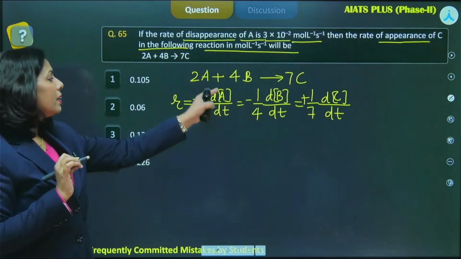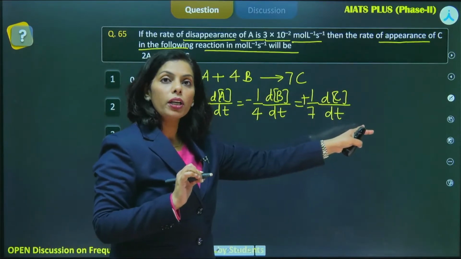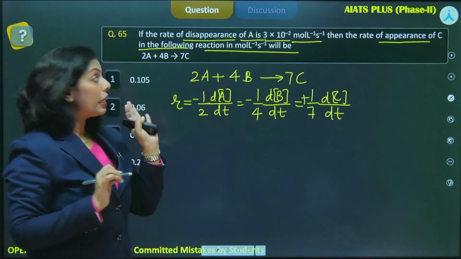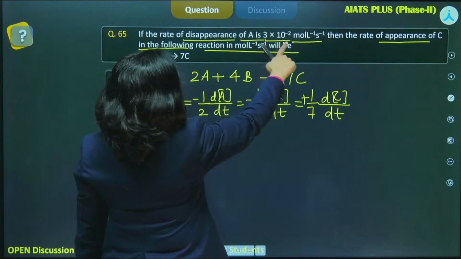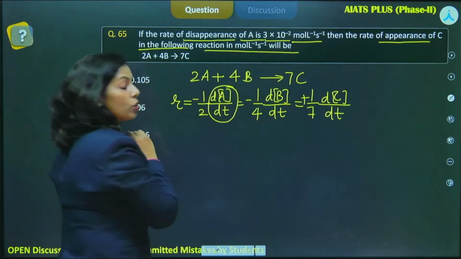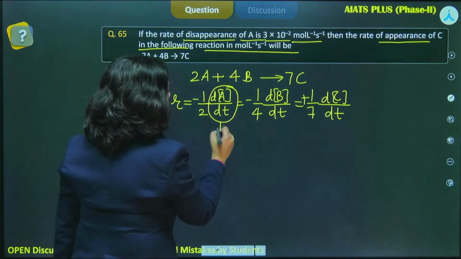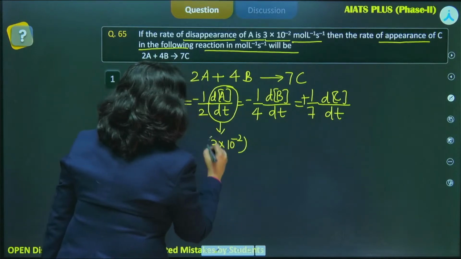How to relate the disappearance of the reactant or the appearance of the product with respect to rate of reaction. Now the question is, rate of disappearance of A is 3 into 10 raised to the power minus 2. So this value, this is the rate of disappearance of A. This is given, 3 into 10 raised to the power minus 2.